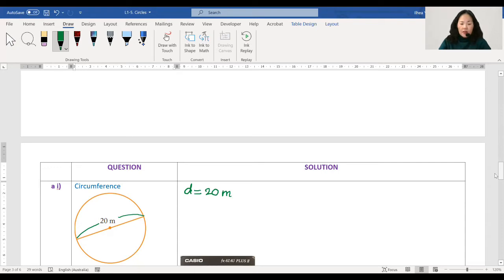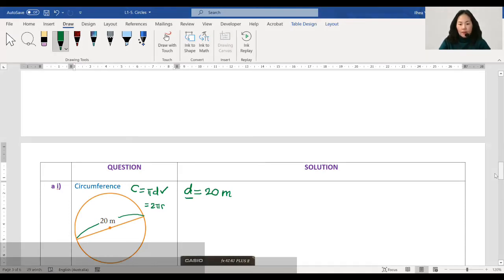Okay, that's all I have. And I have to find the circumference. Now, with the circumference, we can use capital C equals pi d, or we can do 2 pi r. Since I have diameter d here, I can choose pi d. But if you want to, you can just memorize one formula.